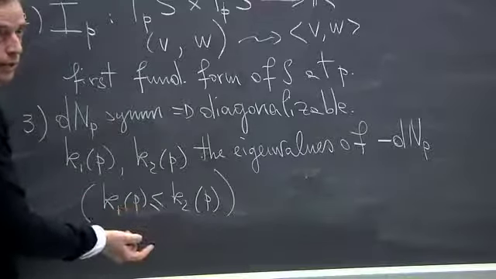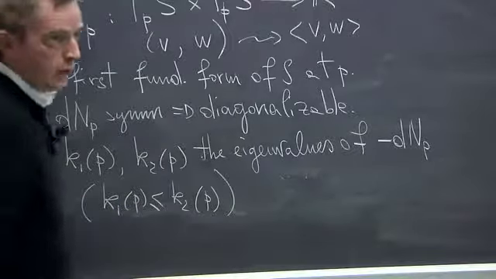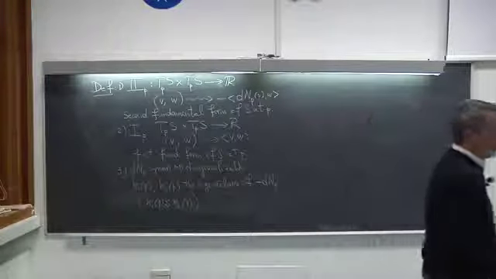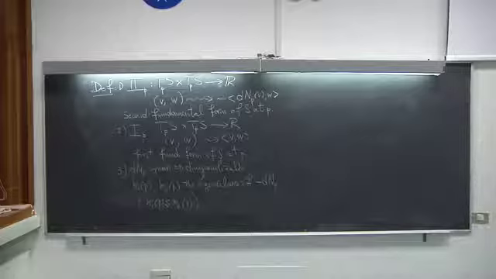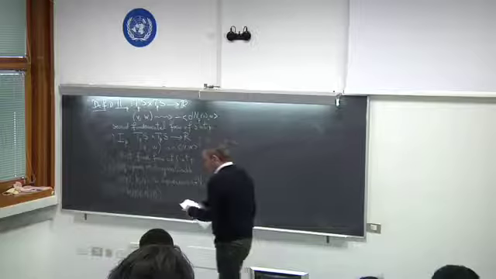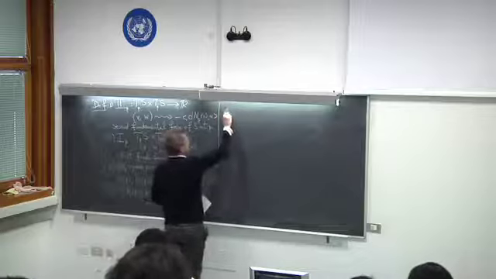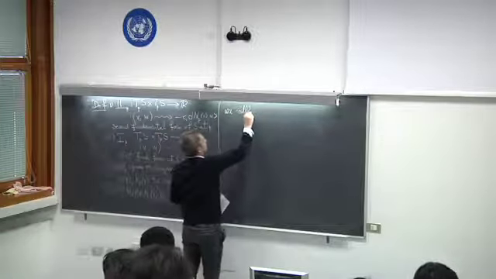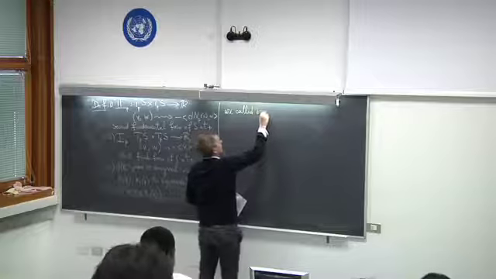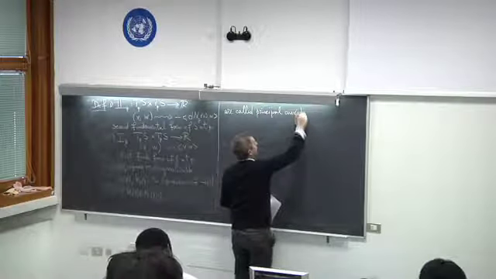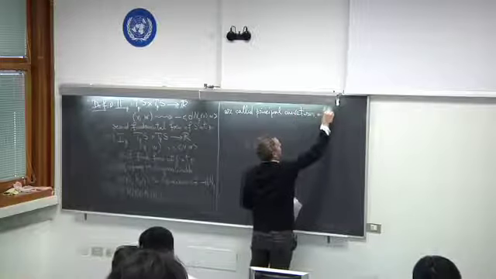They are the same, okay? So whenever they are different, one is smaller, and the smaller becomes the first. In any case, this is the notation, and these are called principal curvatures of S at P.